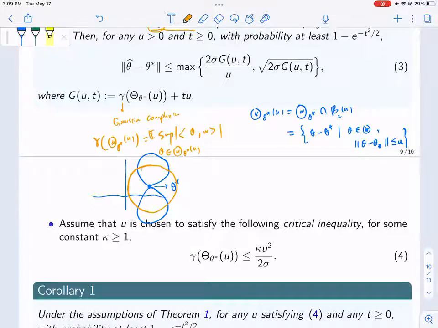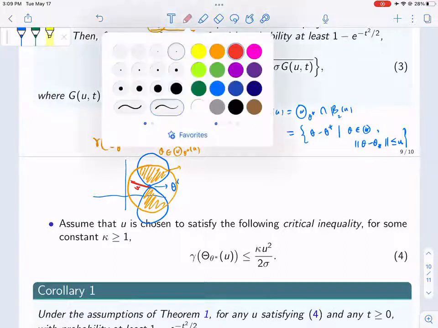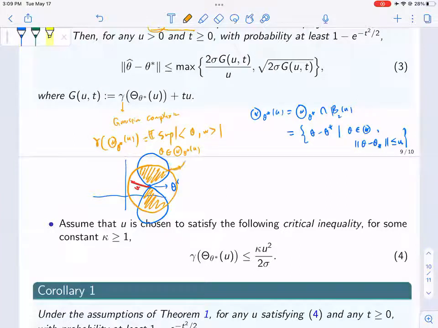and this is the set of interest. If this radius is u, then this would be theta star.